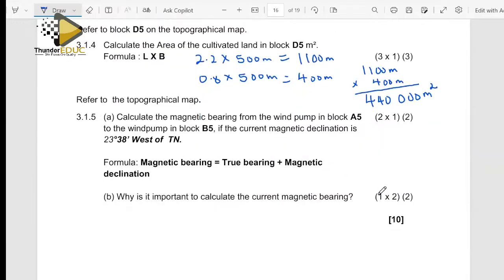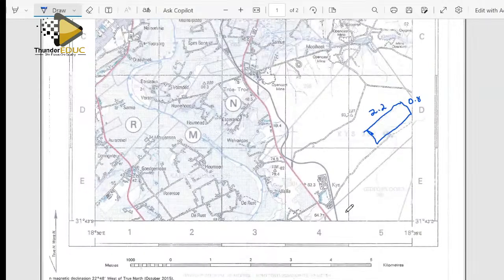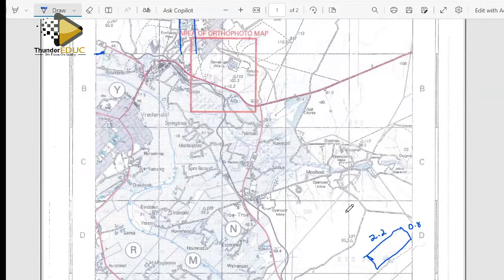Right, calculate the magnetic bearing from the wind pump in block A5 to the wind pump in block B5, if the current magnetic declination is 23 degrees 88 minutes west of true north. Right, we go to our map and try to identify the two features. We want a wind pump in block A5.